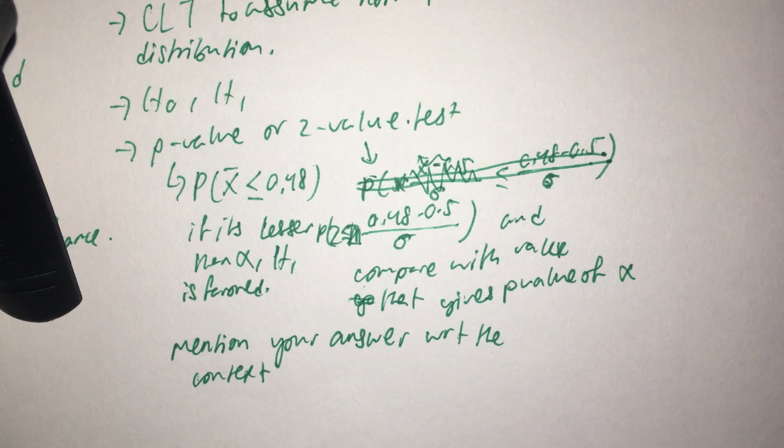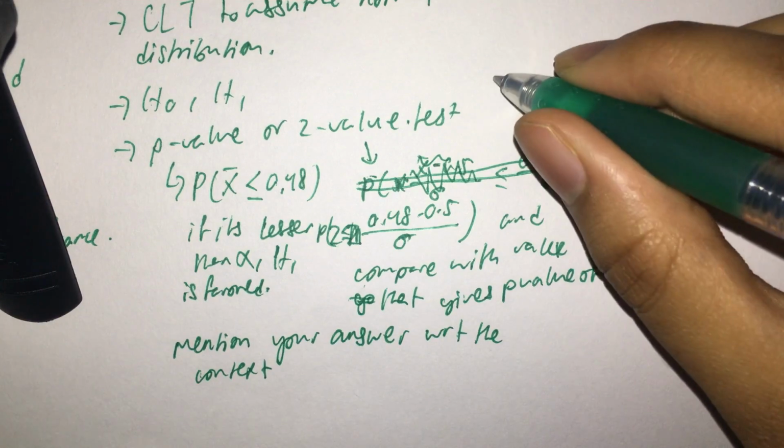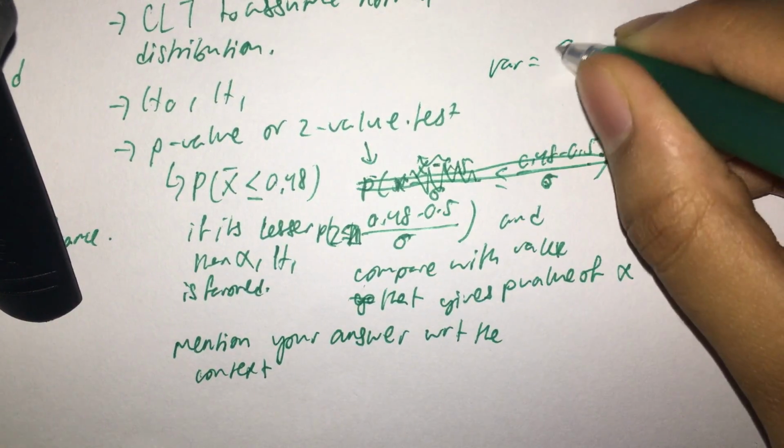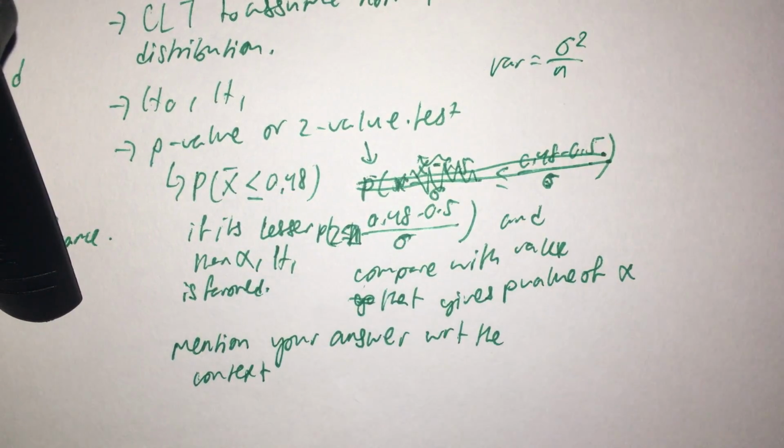Sorry, not squared, population variance over n. So from there you can do your p-value finding. The p-value will be the probability of x bar being less than or equal to 0.48, and from there you can just compare it to the level of significance, and see whether the value is greater than or lesser than it.